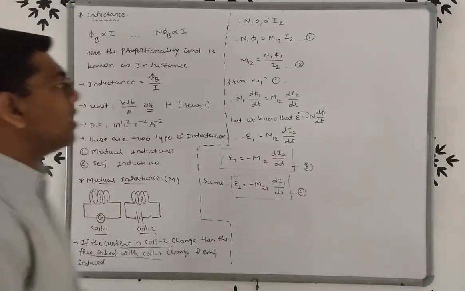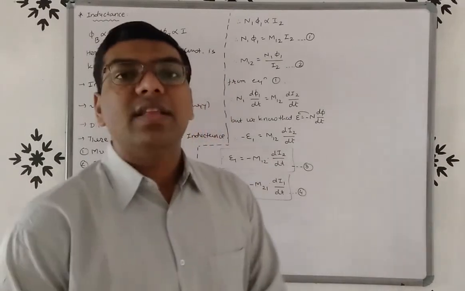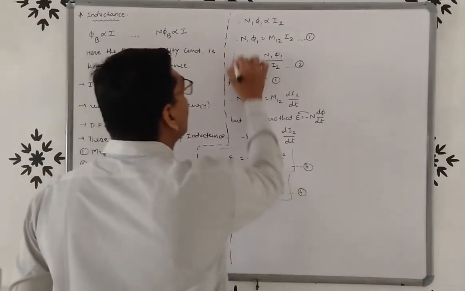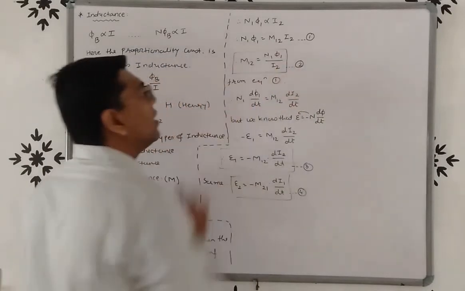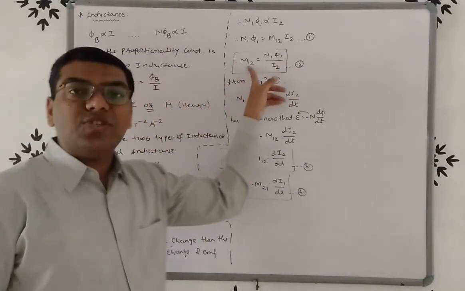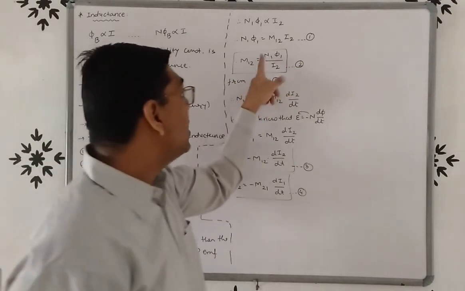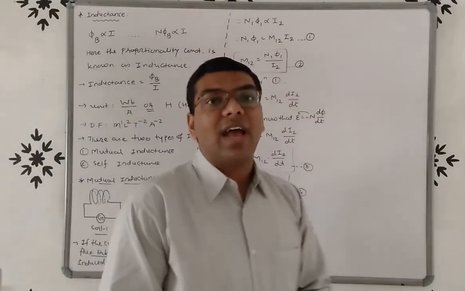Now, if we want to define the mutual inductance, see this equation: M12, the mutual inductance of coil 1 with respect to coil 2, is equal to N1 phi 1 upon I2.